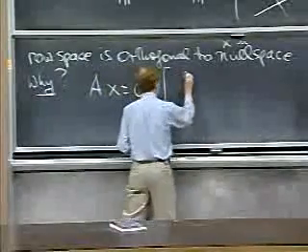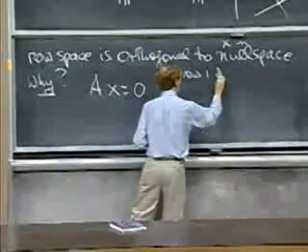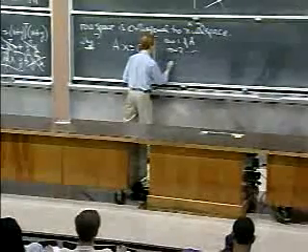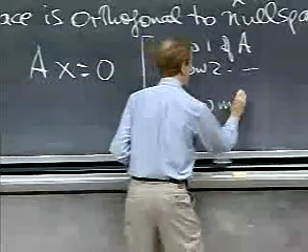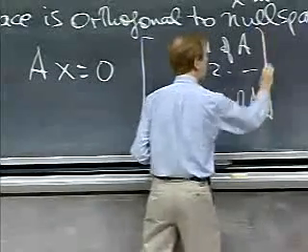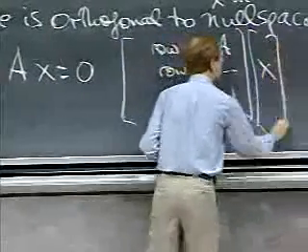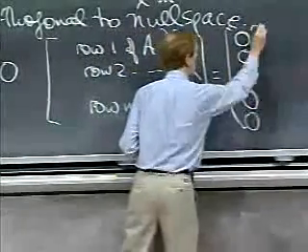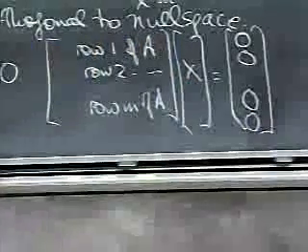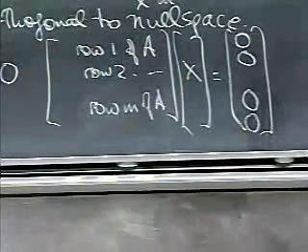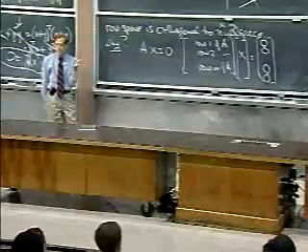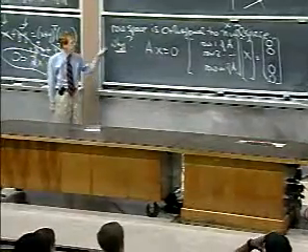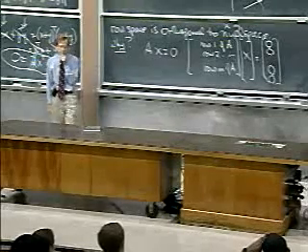There's row 1 of A, row 2, row M of A. That's A, and it's multiplying X, and it's producing 0. Written out that way, you'll see it. So I'm saying that a vector in the row space is perpendicular to this guy X in the null space.